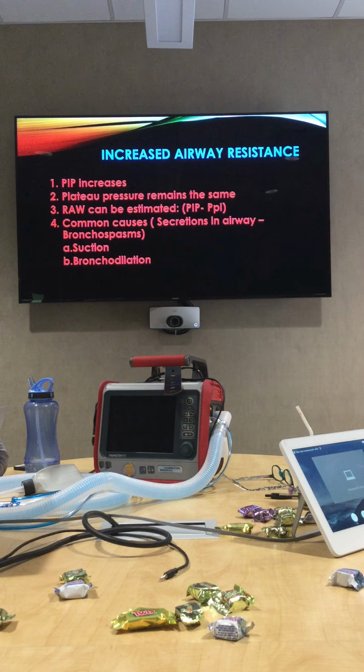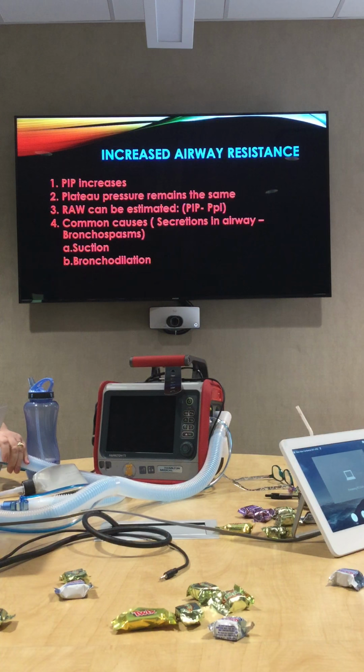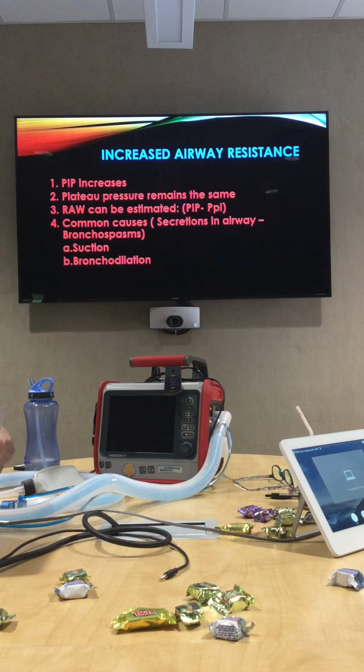For an infant circuit, it is the same, but they're both really dual limb circuits. The coaxial just has the blue line, which is your inspiratory line, within the white compressible circuit. So airway resistance can be estimated by your PIP minus your plateau pressure, divided by your flow, and that'll give you your airway resistance.